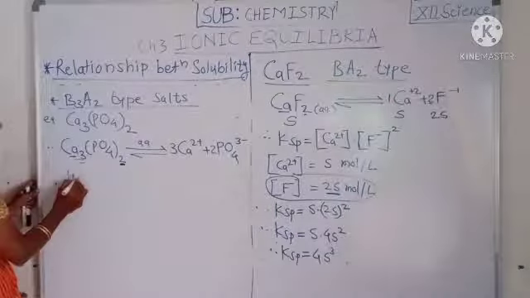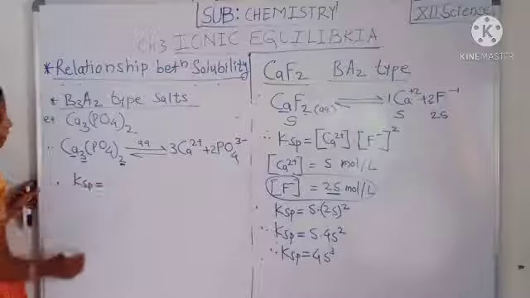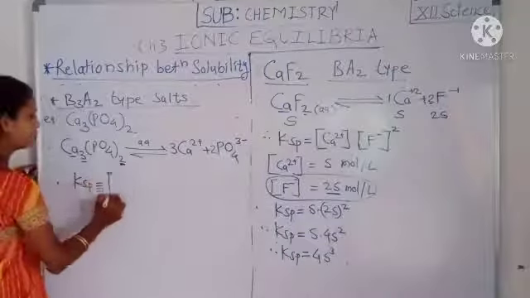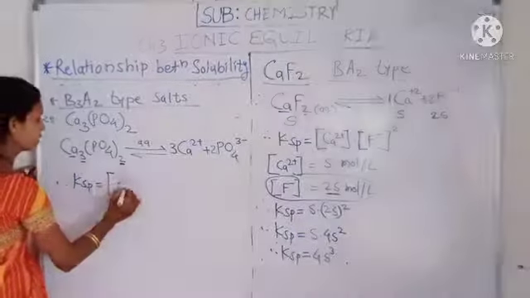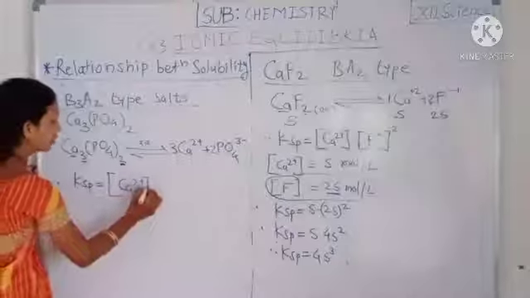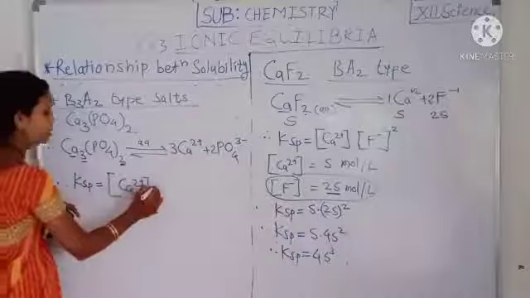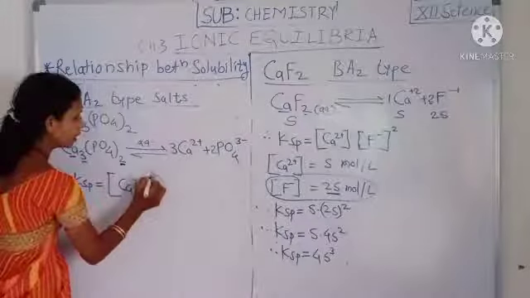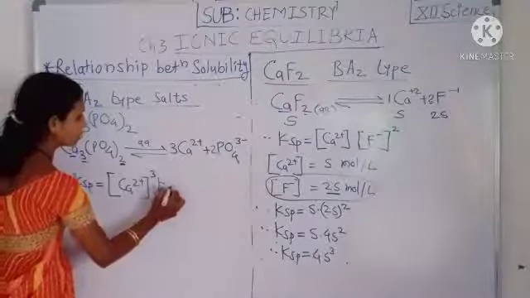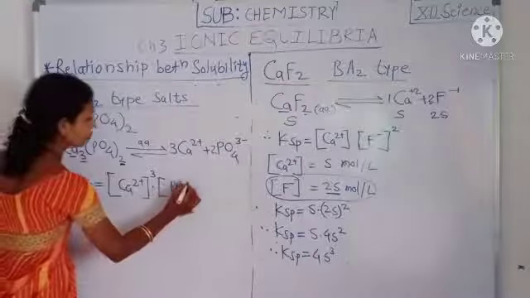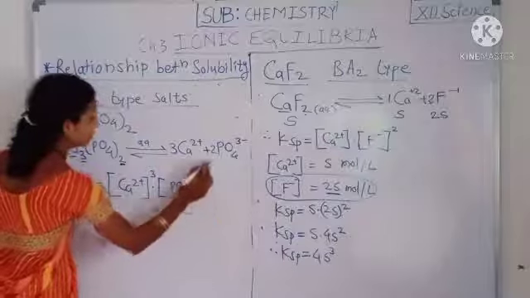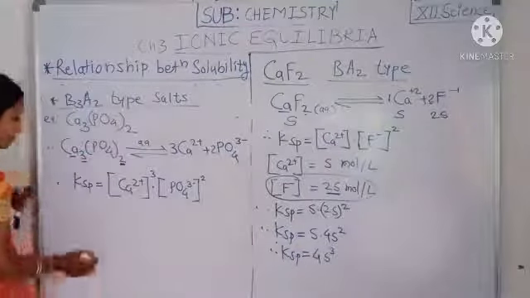Therefore Ksp is equal to the concentration of Ca2+ ion raised to 3 into the concentration of PO4 3- ion raised to 2.